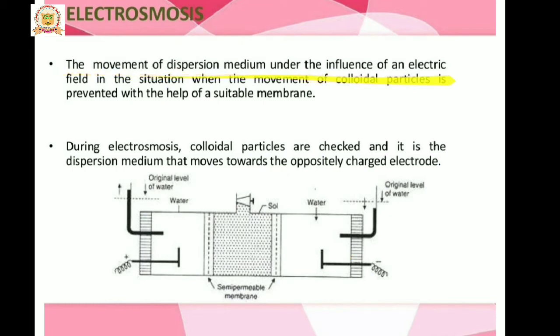The movement of the dispersion medium under the influence of an electric field, in the situation when the movement of the colloidal particles is prevented with the help of a suitable membrane. During electroosmosis, the colloidal particles are checked and it is the dispersion medium that moves towards the oppositely charged electrodes.